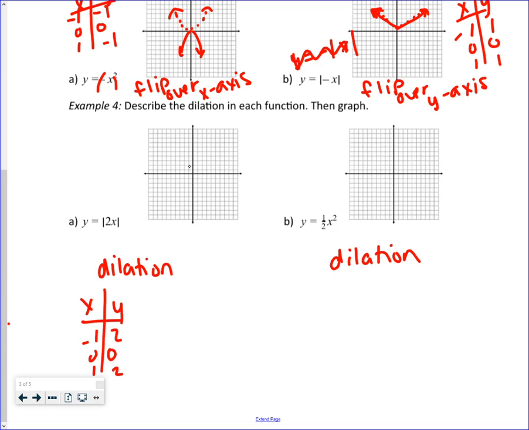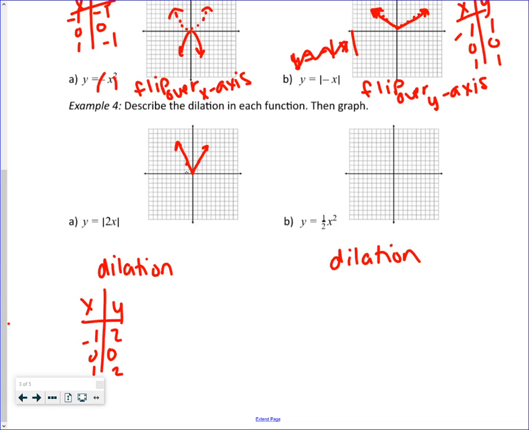So if I graph that one, my original graph is 0, 0, 1, 1, negative 1, 1. This one's going to be negative 1, 2. You actually do want to graph it. When we do ours, our graphs will be a little bit bigger and easier to see. Sorry. So negative 1, 2, 0, 0, and 1, 2. Absolute valued. Okay?